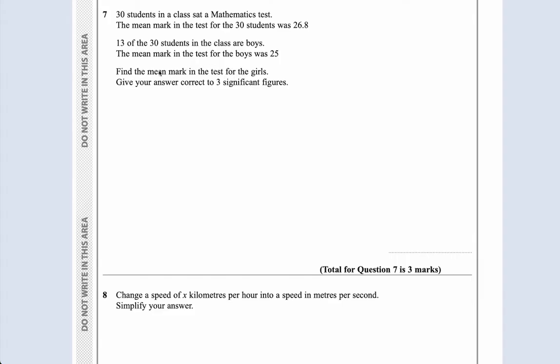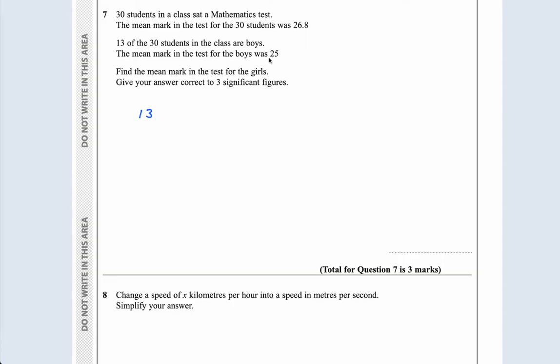Okay, so combined mean question. What we do is we say, we'll assume all of the boys got 25 marks. So I want to get the total number of marks divided by the total number of people, and equate it to 26.8. So let me show you what I mean.